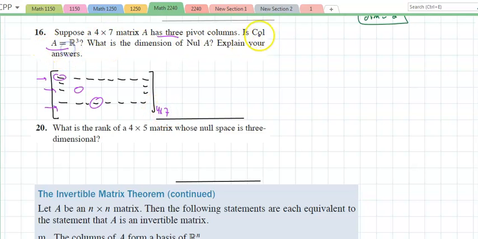Is the column space of A R3? No, it's not. The dimension of the column space of A is 3.